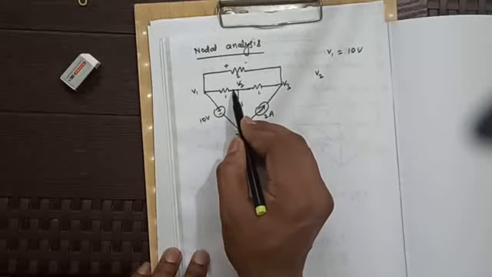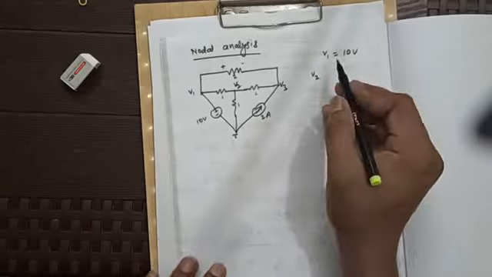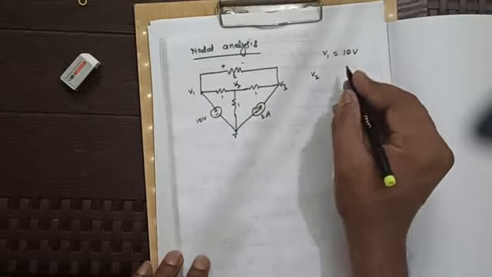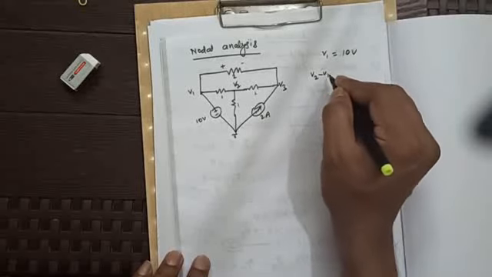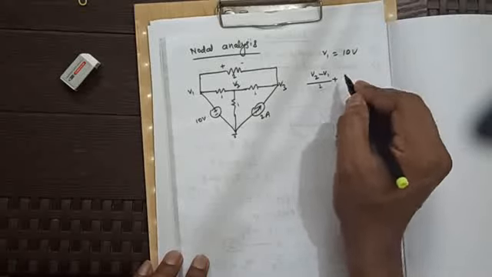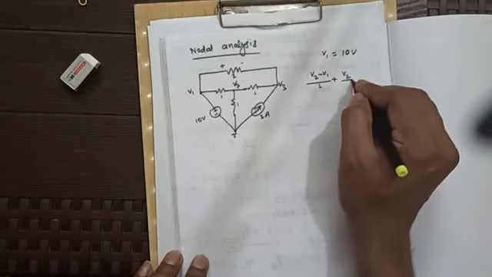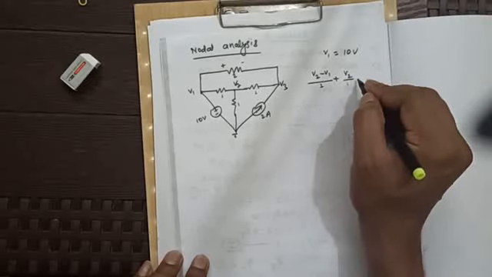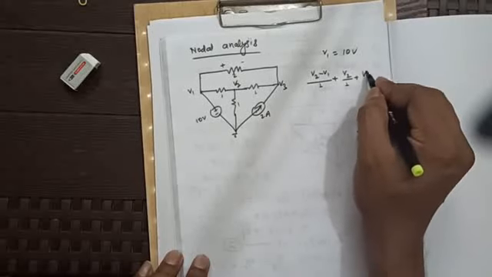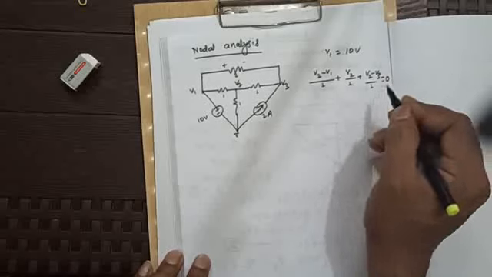As I told, we assume the currents are leaving this node. So write KCL. One current will go in this direction, one in this direction and one in this direction. So V2 minus V1 divided by this resistor plus V2 minus the reference voltage, so V2 by 1 ohm, plus V2 minus V3 divided by 1 ohm is equal to 0.